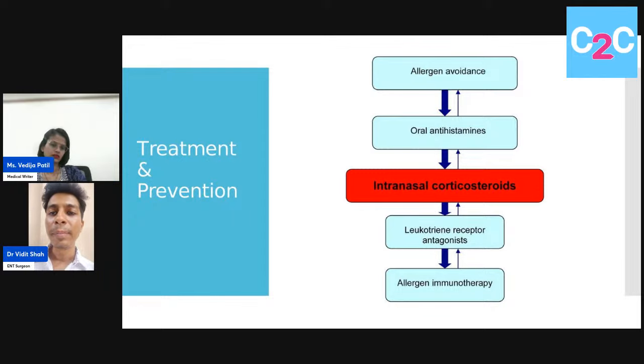So be rest assured that whether you are a diabetic, and I know why I'm using the word diabetic here, it is because steroids do cause sugar levels to shoot up in the body. But be rest assured, with all my patients in whom I have used nasal steroids, especially those who have diabetes, it does not have any impact on their sugars.